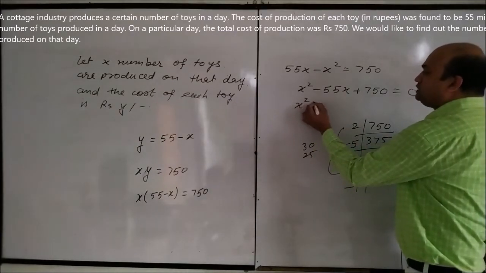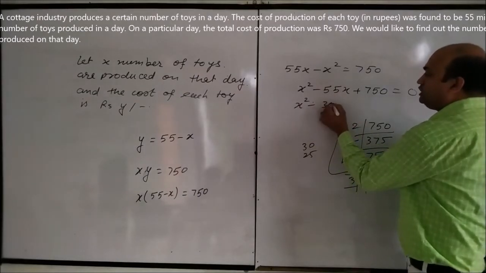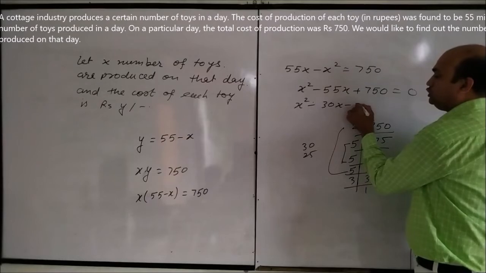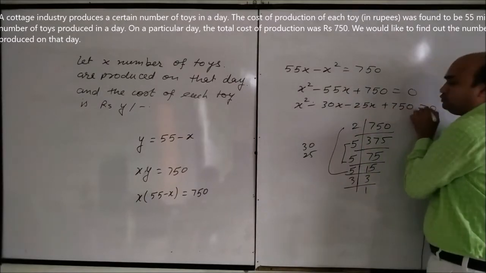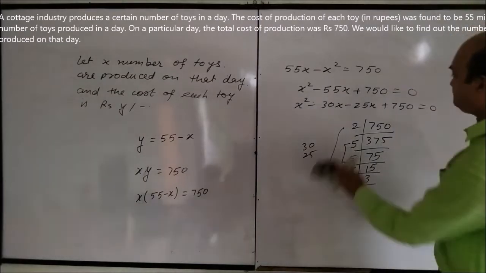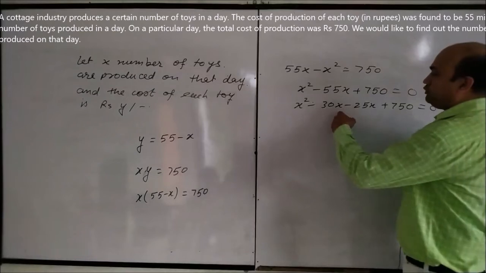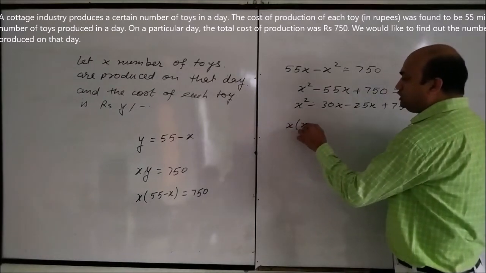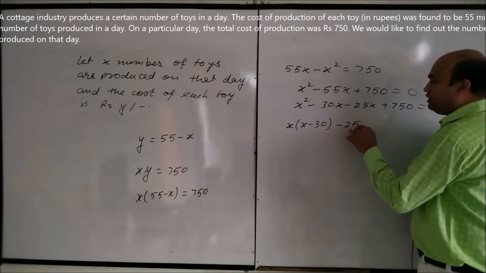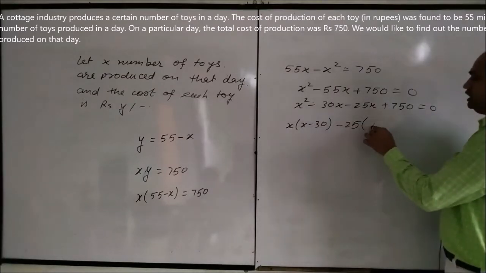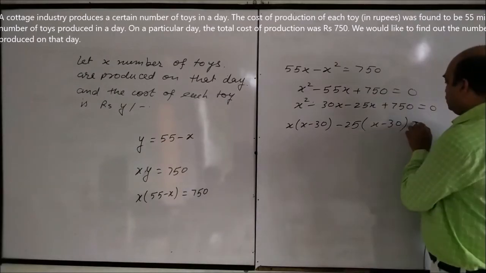We can write x square minus, at the place of 55, we write 30x minus 25x plus 750 is equal to 0. From here we take x common, it is x minus 30, and from this 25 we take common, so it will be x minus 30 equal to 0.